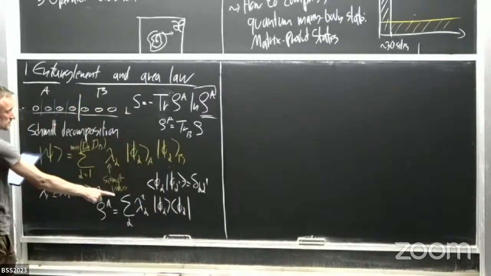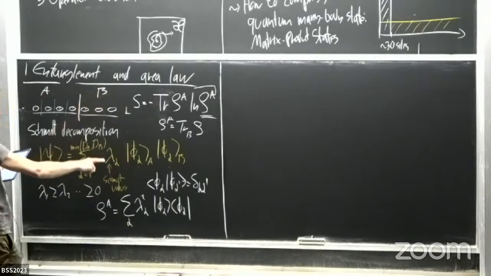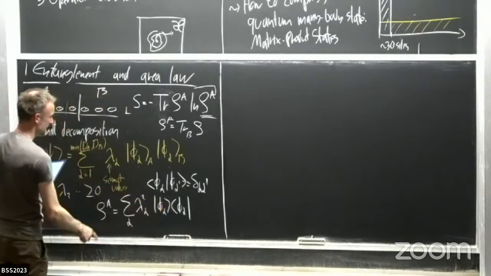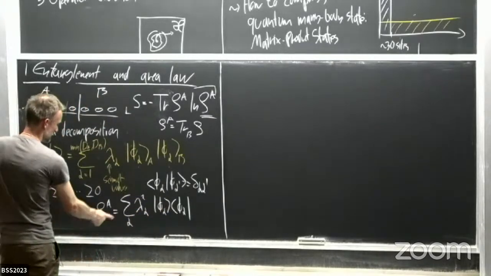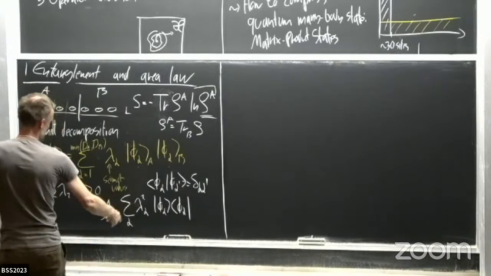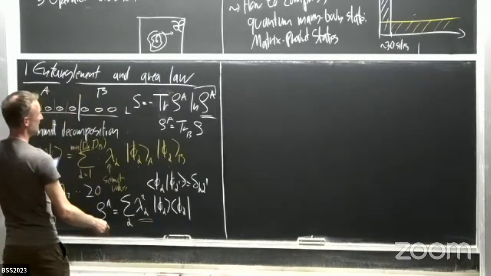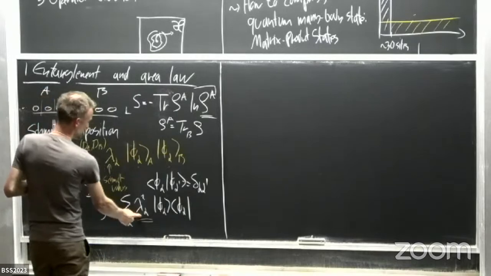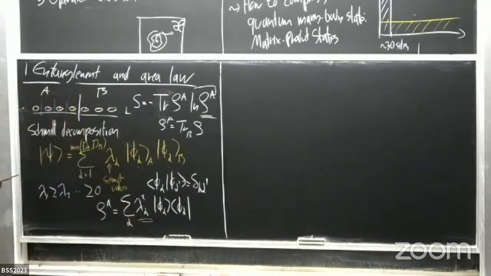So if we have the Schmidt decomposition, we can directly calculate the entanglement entropy from the eigenvalues of the reduced density matrix.